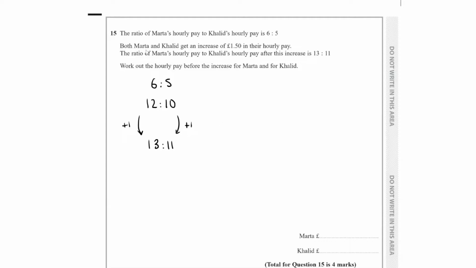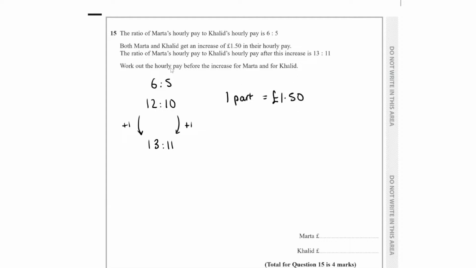And it said that Marta and Khalid both get the same increase of £1.50. So what you can do is go, oh, well, therefore one part of the second one, or of this, at least the doubled version, right? One part is equivalent to 150. That's probably more straightforward than doing equations, but you can do equations.